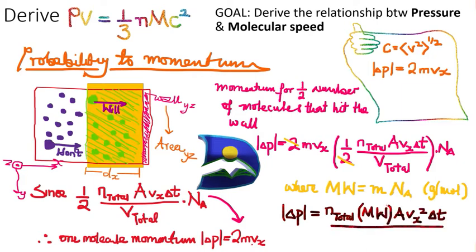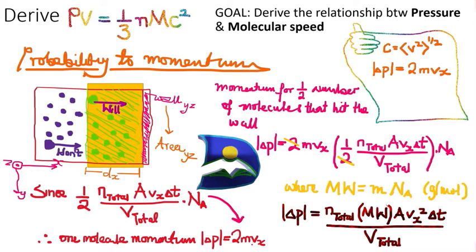Therefore, our expression now in terms of momentum is with respect to the molecular weight of that particular gas in that space, and this is a product with the total number of moles, multiplied by the area, the velocity squared, and the change in time, all divided by the total volume.